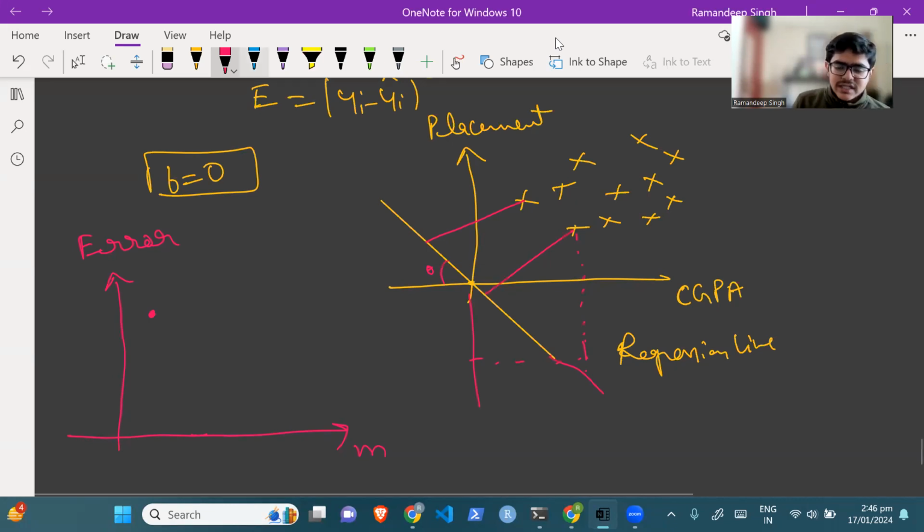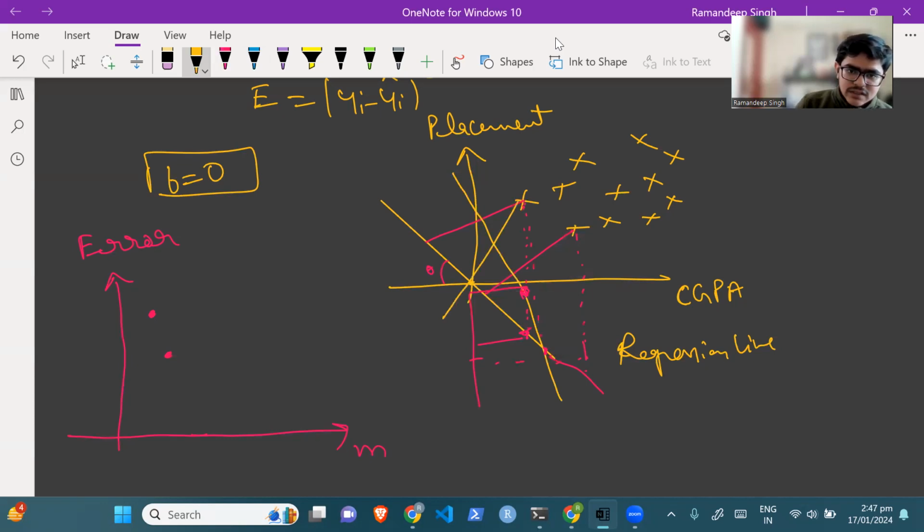Now suppose I increase the slope of my line, and now suppose this is my new regression line. Now you will notice that the errors in my model are reducing. Earlier I was getting this point, but now I am getting around this point, and my error has reduced. So I can plot this here. You will notice that as I keep on changing the slope of my model, the errors will keep on reducing.